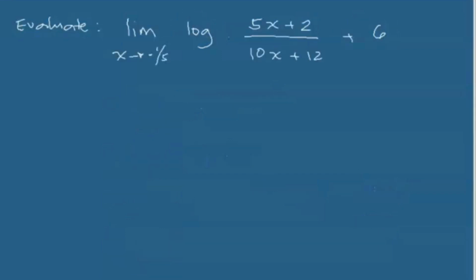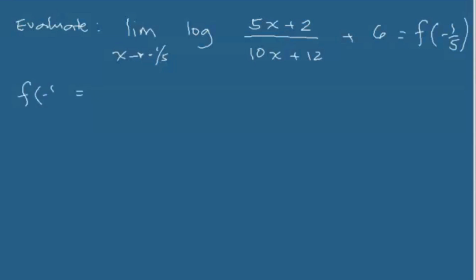Okay, next. Let's try this example. Evaluate the limit of the logarithm of 5x plus 2 over 10x plus 12, plus 6, as x approaches negative 1/5. If the base is not given, we know that the base is 10. So by substitution, we just need to substitute our x values with negative 1/5.